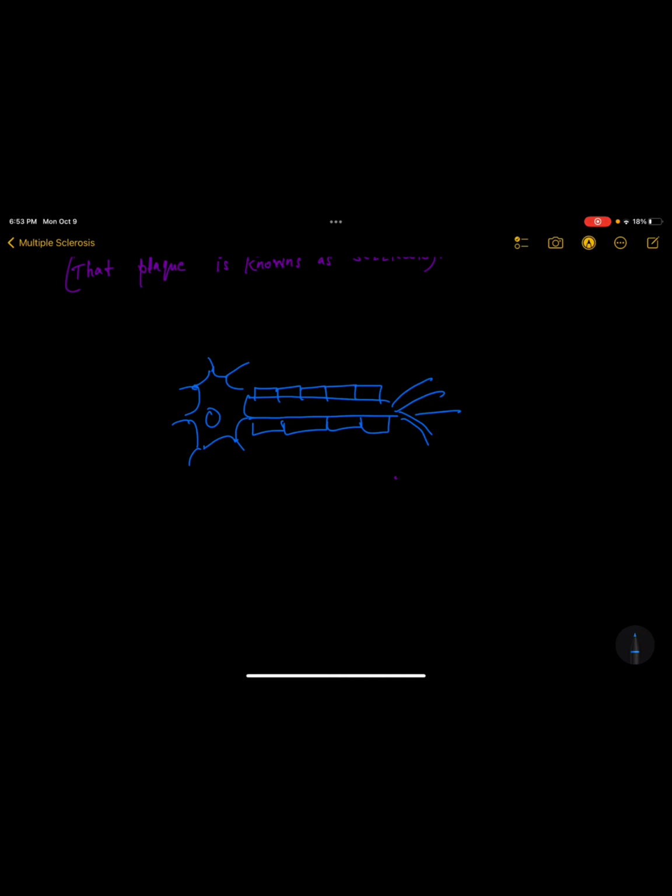Due to the presence of autoreactive T cells, or the T lymphocytes, they are asked to damage the axon. So they cross this myelin sheath while damaging the axon, and this myelin sheath is getting inflamed due to repeated attacks from the autoreactive T cells.